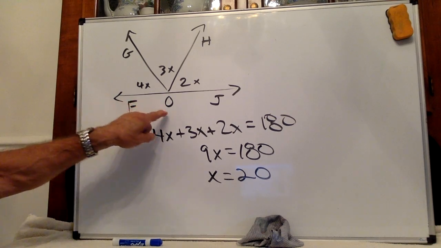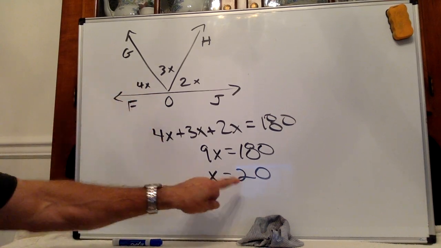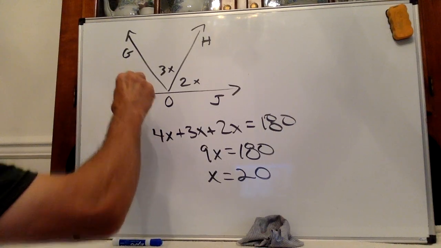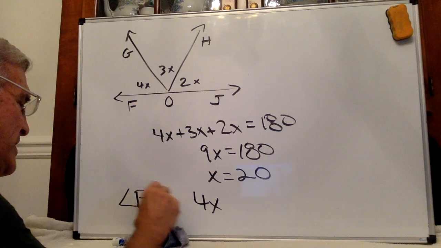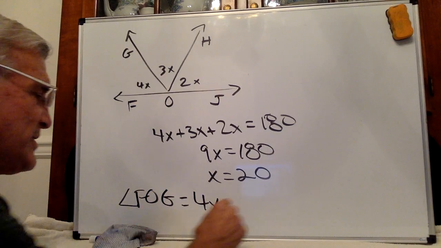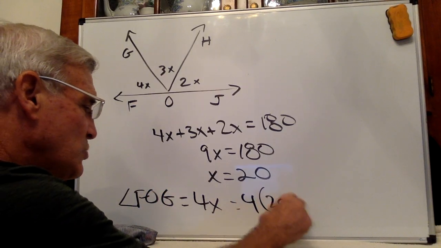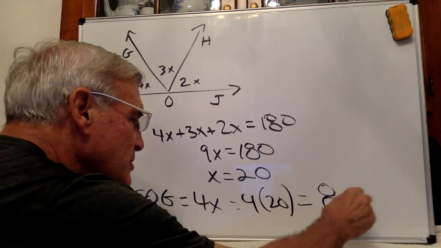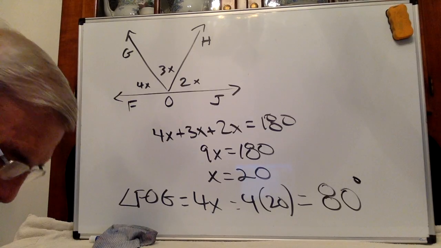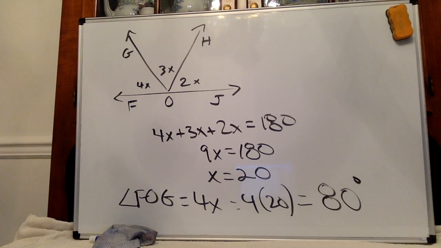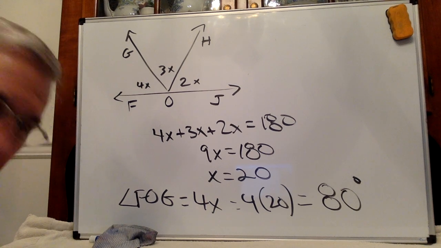Therefore, angle FOG is 4 times 20, which is equal to 80 degrees. So 4x, angle FOG, is equal to 4 times x, which is 4 times 20. Your final answer, 80 degrees, if you want to put degrees in. And that is it for your homework.